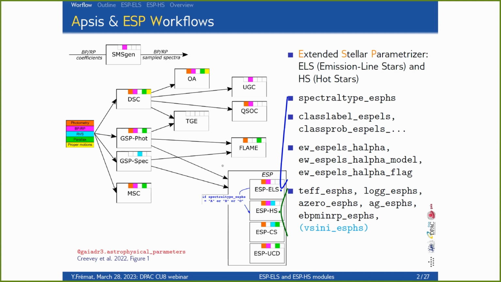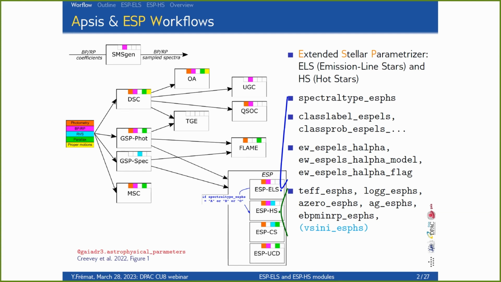ESP arrives at the very end of this workflow, because in some cases ESP also uses parameters from GSP-Phot and GSP-Spec. Also within the ESP chain, we launch the modules in a particular order, given here from top to bottom.